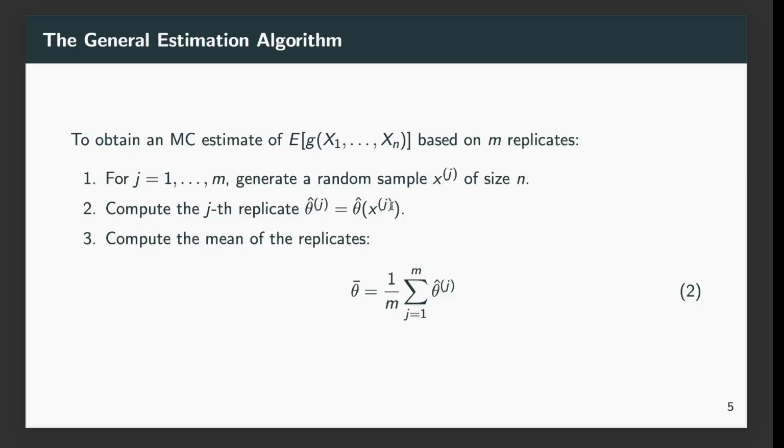The third step is to compute the mean of all the replicates. We take the sum of all of the theta hat divided by m, and then we get theta bar.